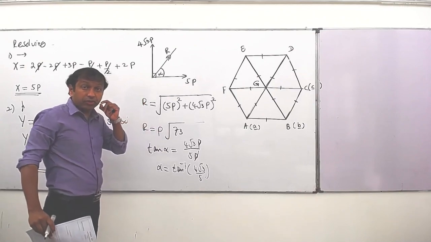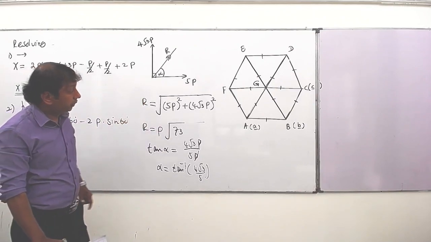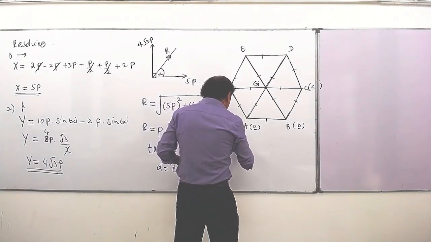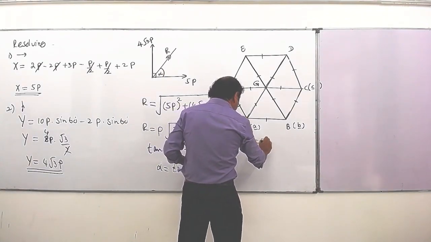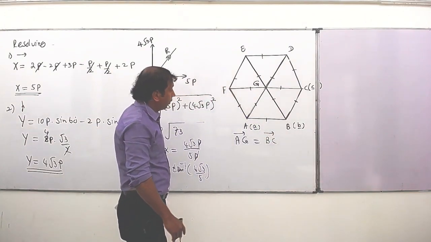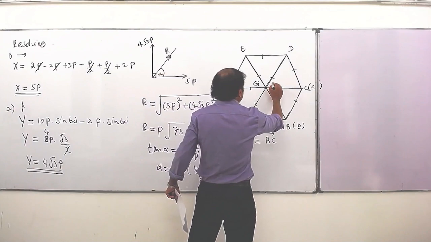Then you can see, people, this AG vector and BC vector are equal. AG vector is equal to BC vector. I'll take the position vector of G as simply vector g.